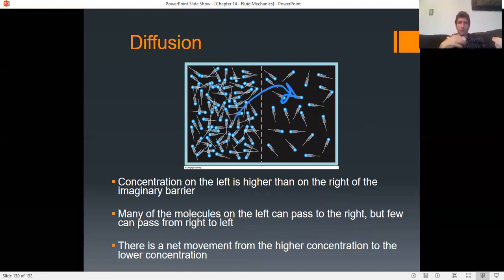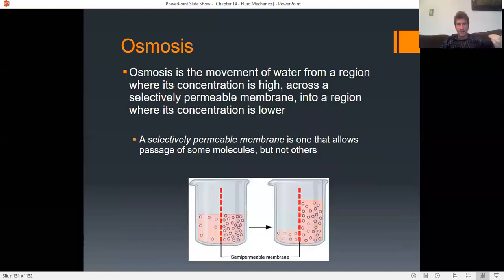If you have more molecules of one type on one side than the other, you will have a higher probability of going from left to right than from right to left. Twice as many molecules, twice as great is the probability. This can lead to some interesting effects.